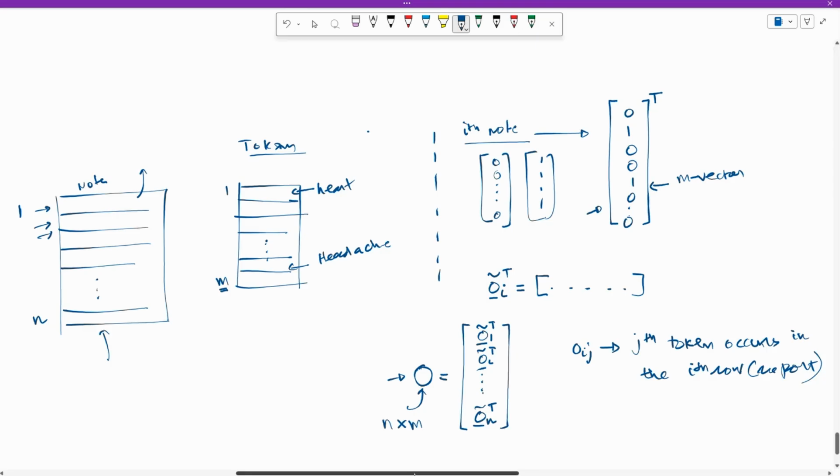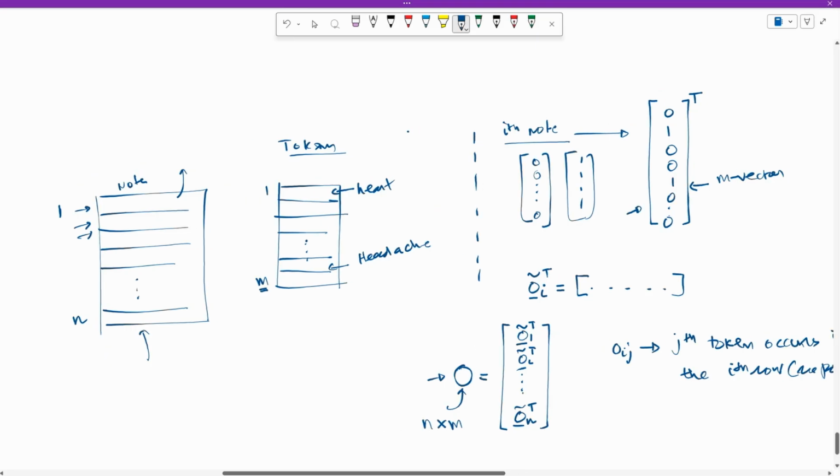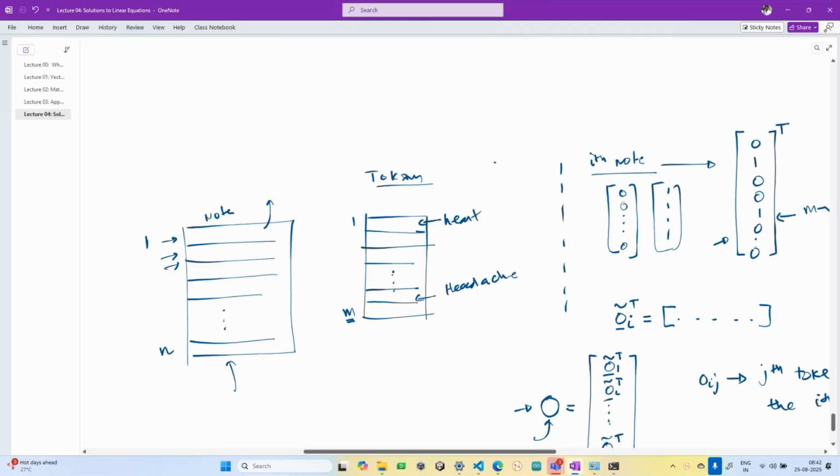Now the question is, we have this matrix, but what we are interested in is not whether specific tokens occur in specific reports. What we want is, do a pair of tokens co-occur or don't they? That means what I would ideally like to know is Ckl.